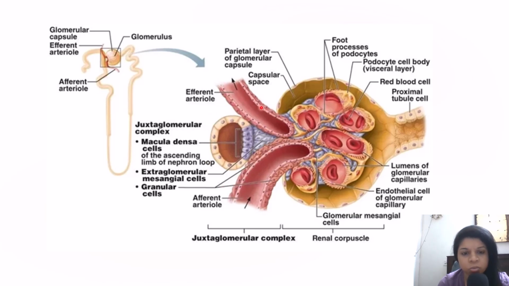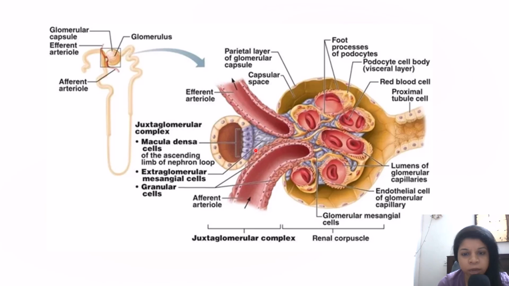In the juxtaglomerular apparatus, there are three components, that is the macula densa that is formed by the DCT cells. Then there are the granular cells, the JG cells, that are modified smooth muscle cells located in the afferent arteriole, that is bringing blood to the kidney. Okay, the afferent arteriole has the JG cells that are modified smooth muscle cells.